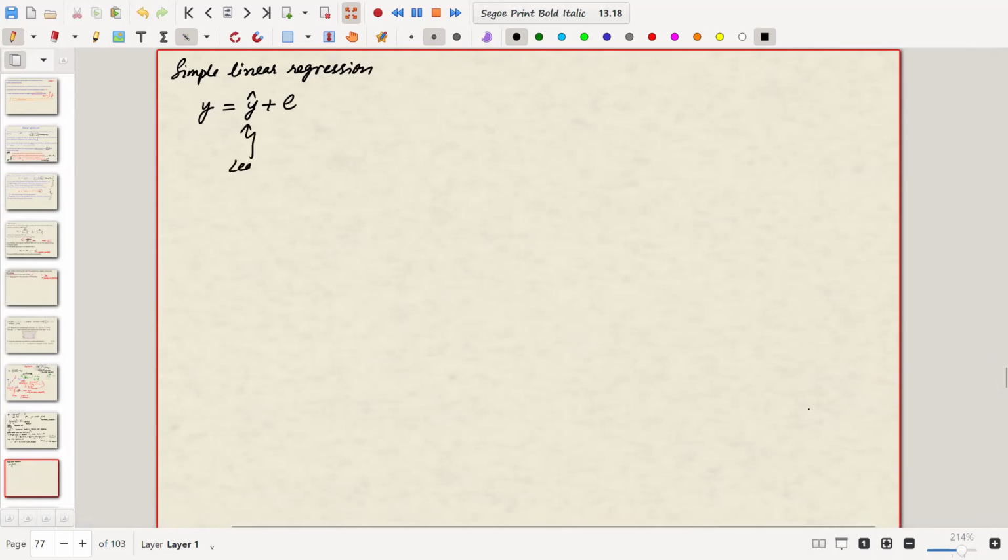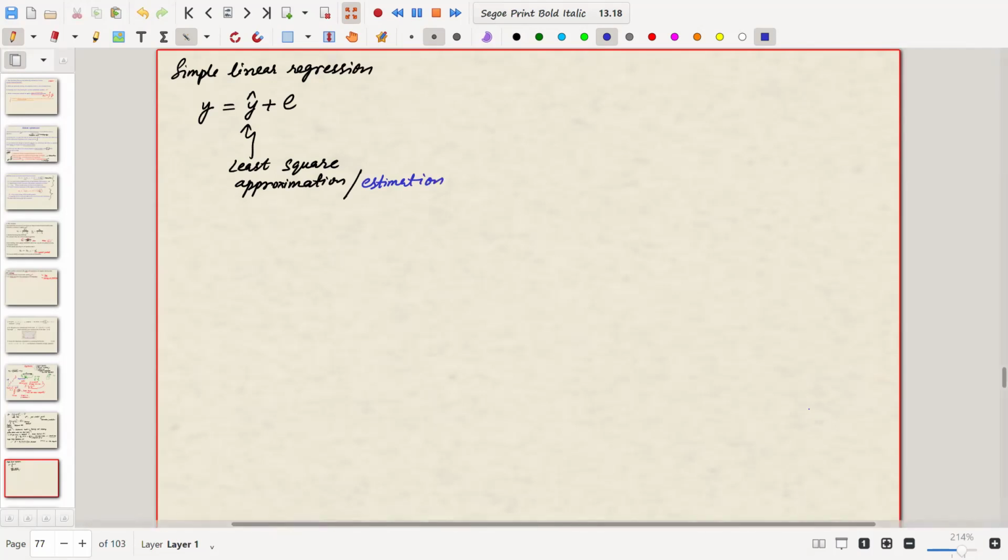Y hat is the least square approximation, or the estimation of y. Since it is estimating, this least square approximation is also referred to as the estimation function.